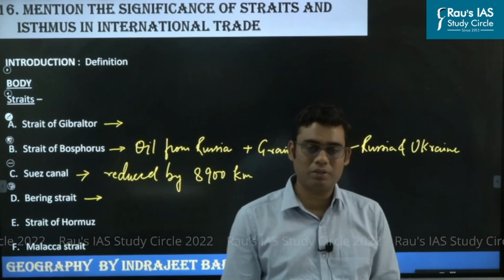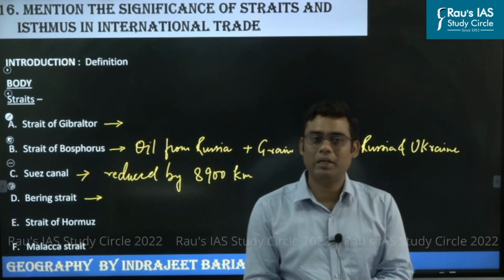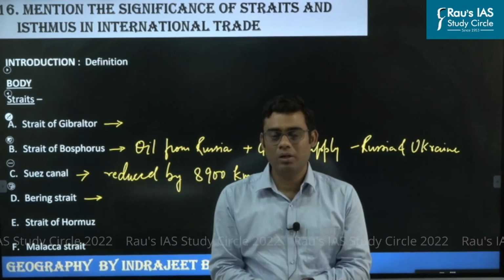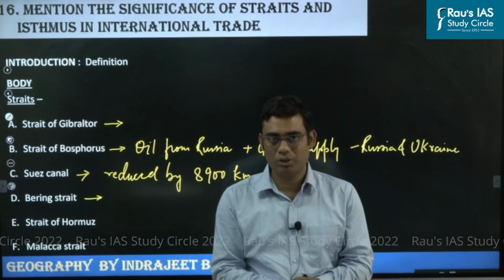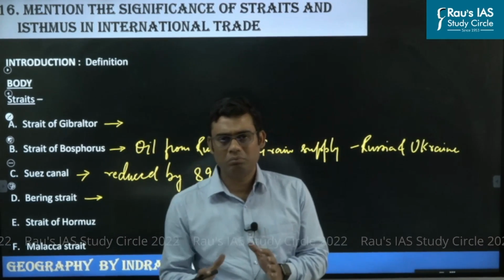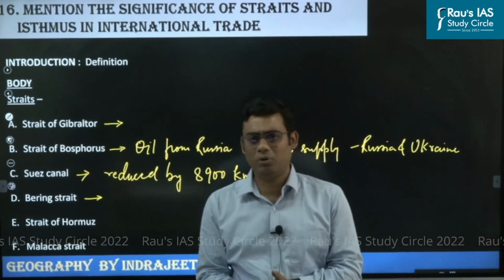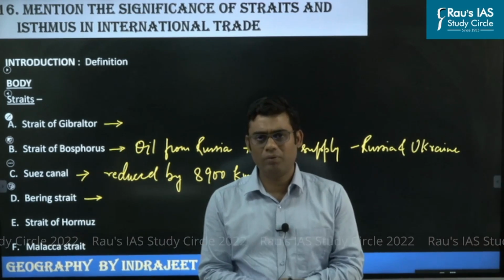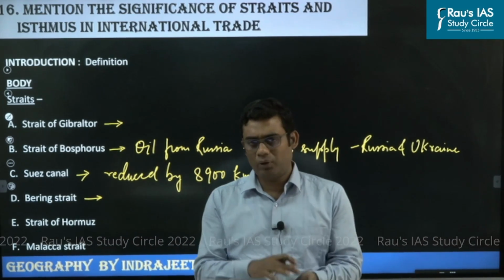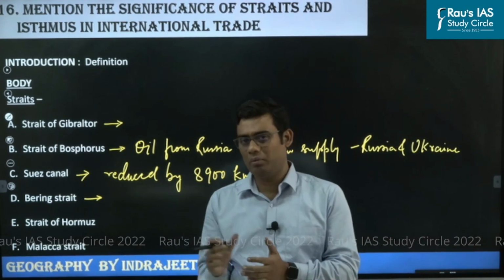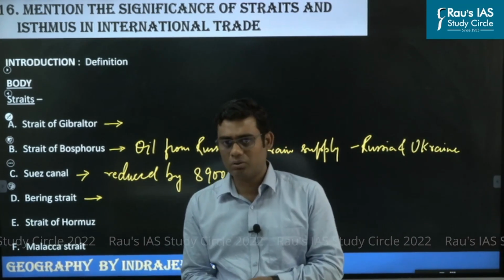After that, next comes the Bering Strait. Bering Strait is the connectivity between the Arctic Ocean and the Pacific Ocean. Now, the Arctic Ocean, for most of the year, is covered with ice. But for 2 to 3 months there is melting of ice, and so the sea route opens.